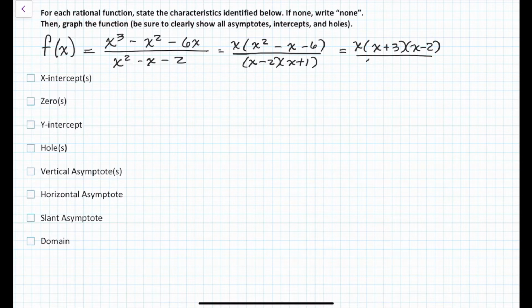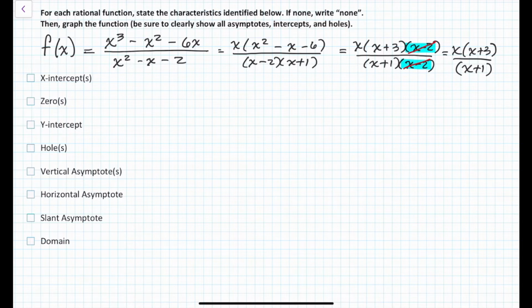Aha, x minus 2. We see a common factor there, so let's write it this way so we can just cross those out right on top of each other. So x minus 2, that is a situation where the graph will have a hole in the function at x equals 2 because that's the factor that we've crossed out. And then we're left with our simplified function of x times x plus 3 all over x plus 1.